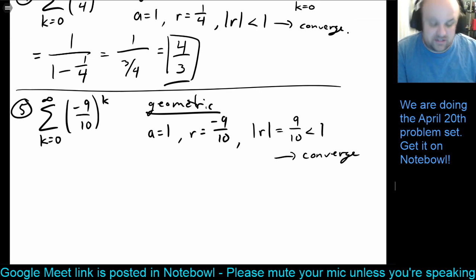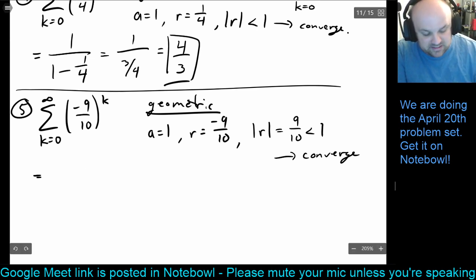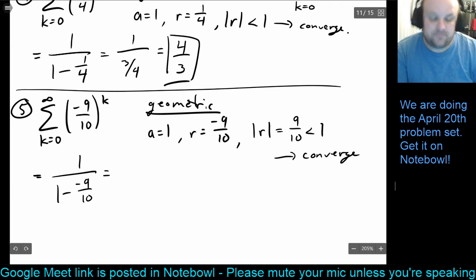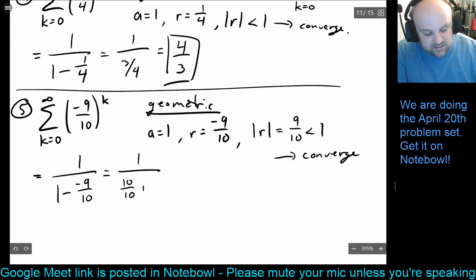Right? And what does it converge to? Well, it's a over 1 minus r. So that's 1 over 10 over 10 plus 9 over 10.